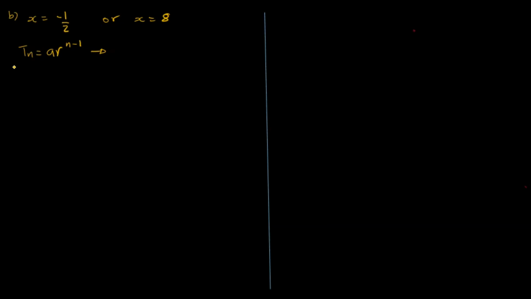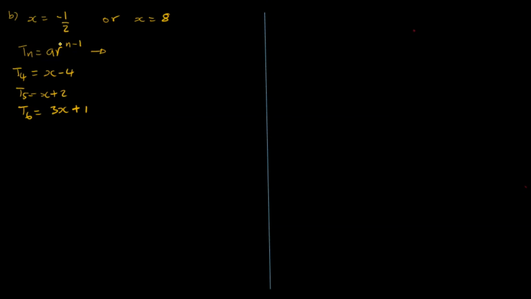So I'm going to say T4, which is x minus 4, T5 is equal to x plus 2, and then T6 is 3x plus 1. All right.